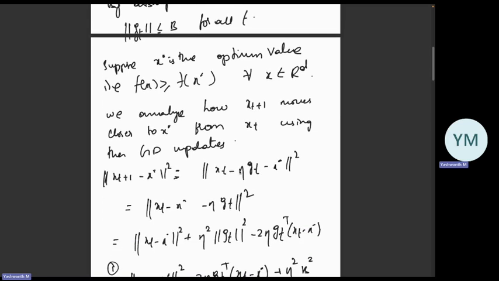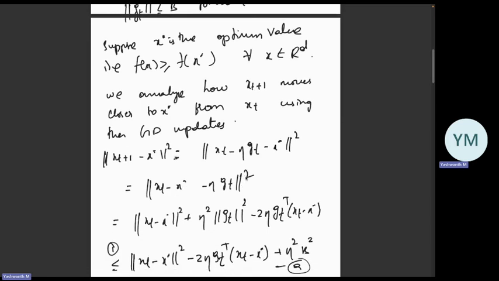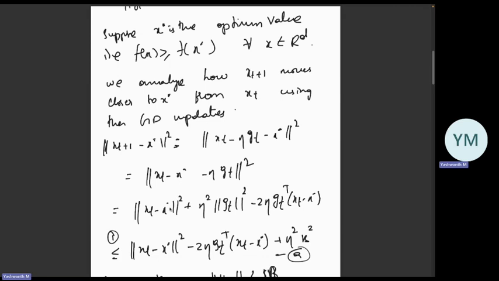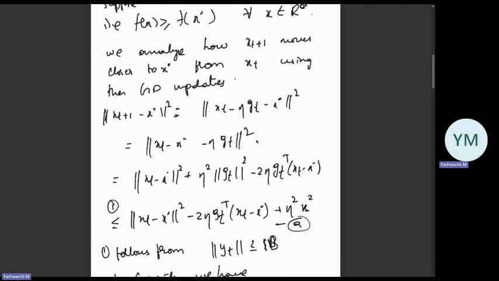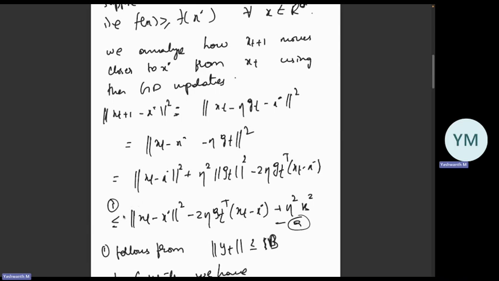Just rearranging this, we get the second equality, that is the norm squared of x_t minus x star minus eta times g_t. Simply expand this term: norm of x_t minus x star squared, plus eta squared norm of g_t squared, minus 2 eta g_t transpose times x_t minus x star.